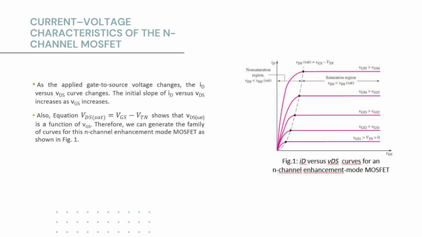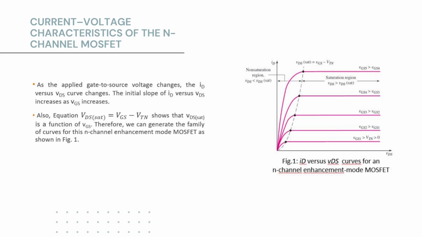When the gate voltage is low, the drain current is also low, and as VGS increases, the drain current also increases. So, we can see there is a family of curves. Here the curve is divided into three regions: the active region, the saturation region and the cutoff region.